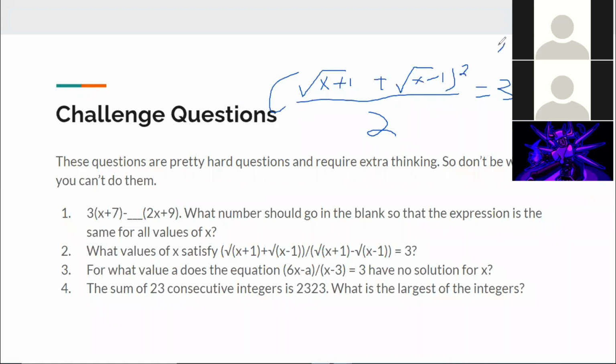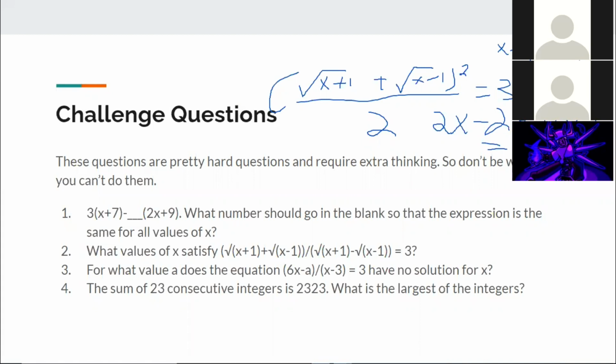That becomes x plus 1 plus x minus 1 plus 2 times root x plus 1 times root x minus 1. So the numerator will just become 2x plus 2 root x squared minus 1. This should be equal to 3 times 2, so this should be equal to 6.